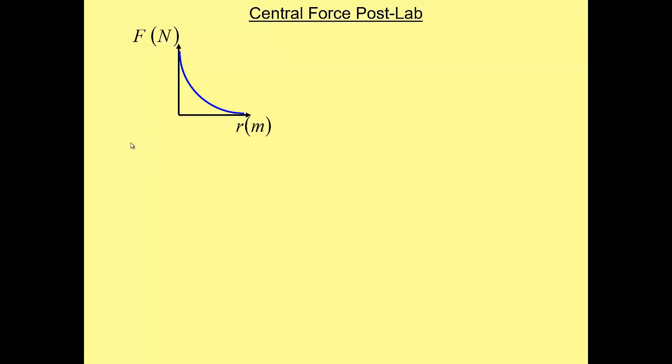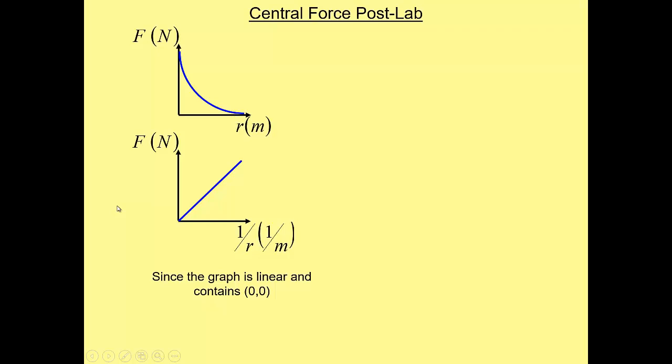So, to linearize, we might want to try force in newtons versus the inverse of radius, 1 over the radius, in units of 1 over meters. Invert the variable, you have to invert the units. And in fact, if you try that, that gave you a linear graph with essentially no y-intercept, which tells us that the force is proportional to 1 over the radius.